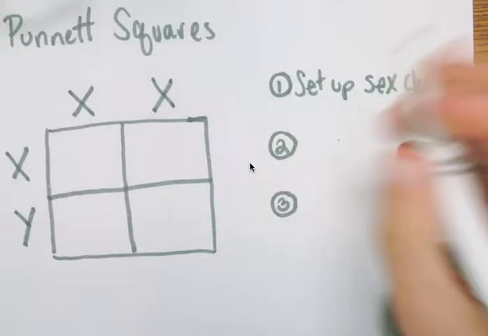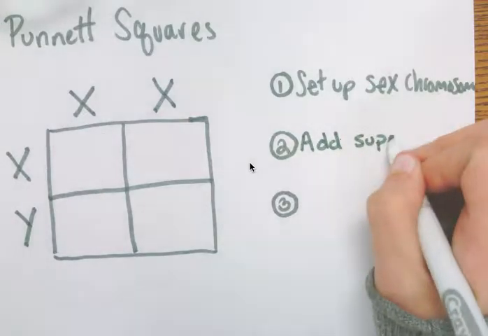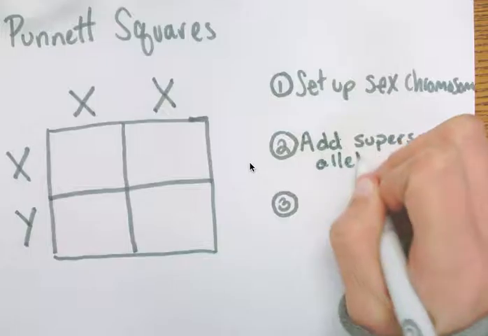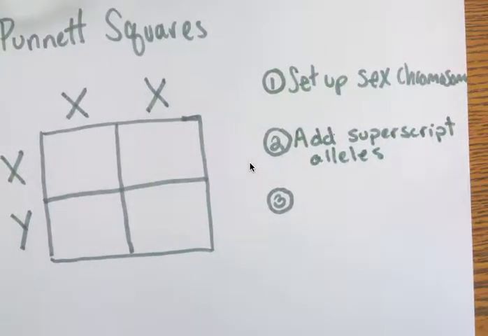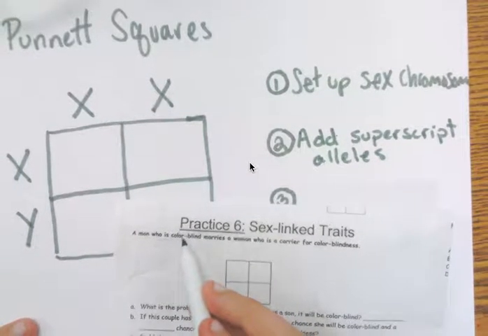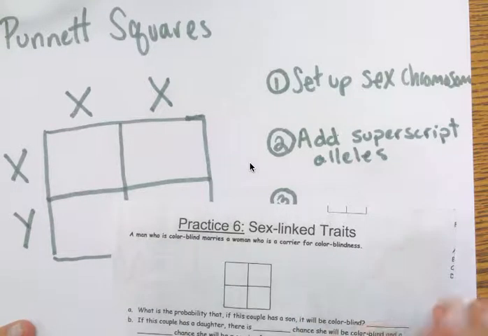The second thing you need to do is add your little superscript alleles. And you're going to do this based on what you're told in the question. All right, we're told that dad, the man, is colorblind.